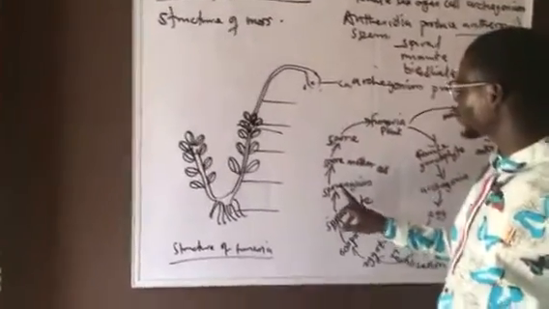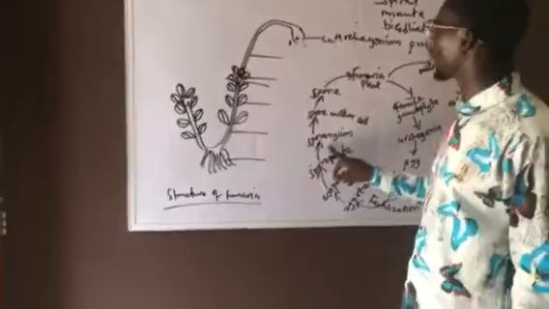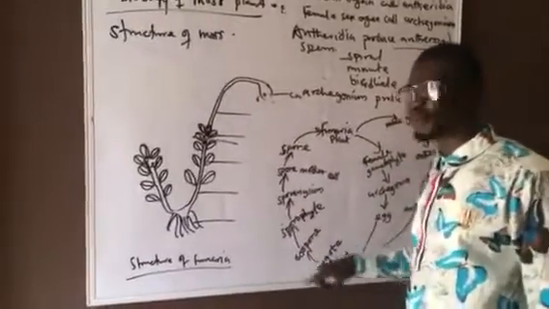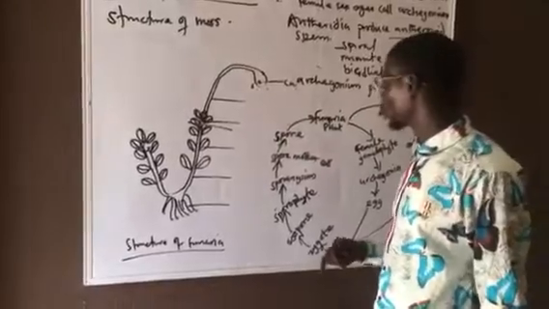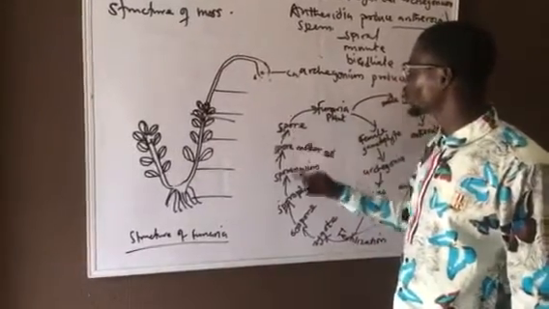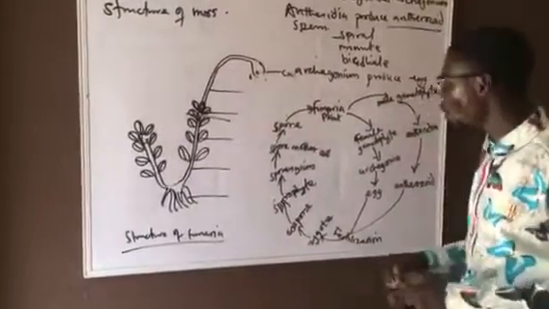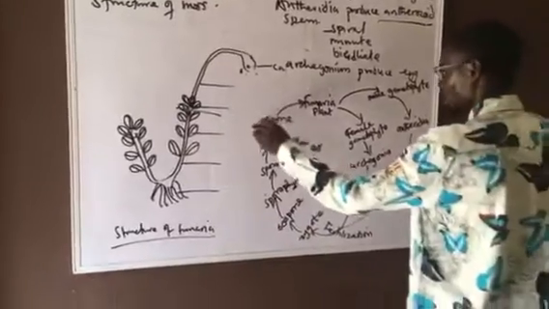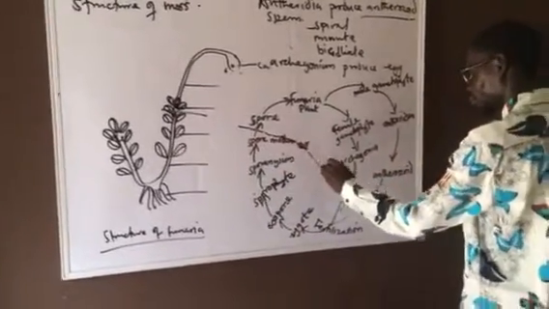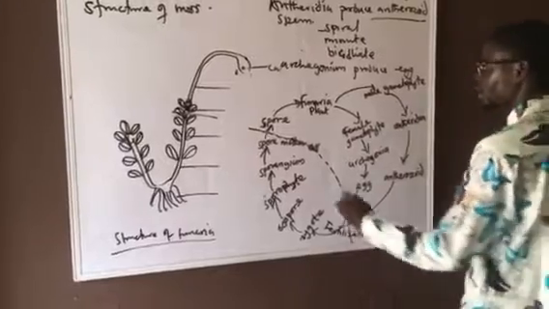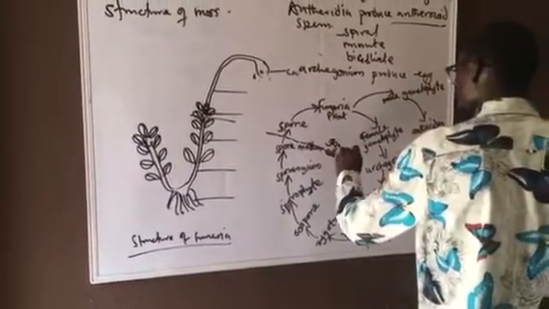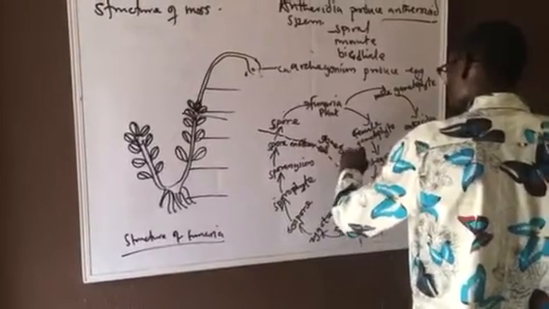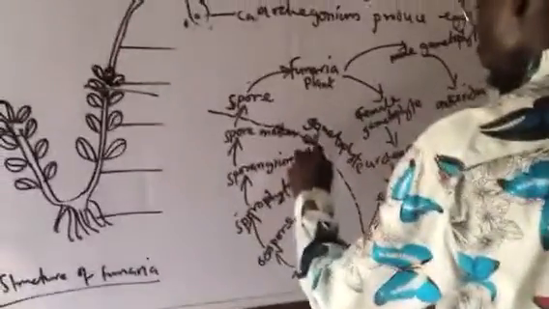The sporophyte gives rise to the sporangium, the foot and seta. Inside the sporangium, there is formation of spore mother cells, which undergo meiosis and give rise to spores. So we have our life cycle like this. Let's say this is our gametophyte, and this is our sporophyte.